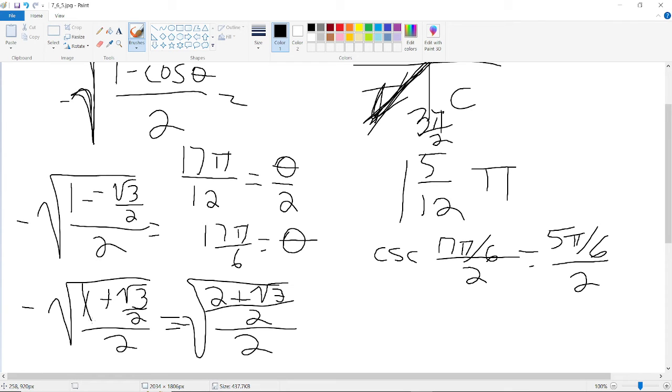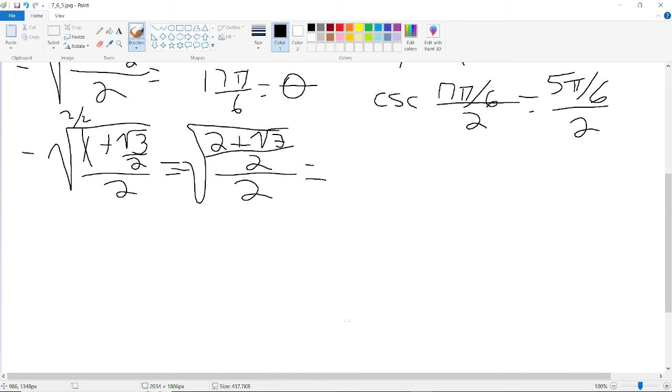So 1 I just rewrote as 2 over 2. And then 2 over 2 plus square root of 3 over 2 is 2 plus square root of 3 over 2. And that becomes negative square root of 2 plus square root of 3 over 4.